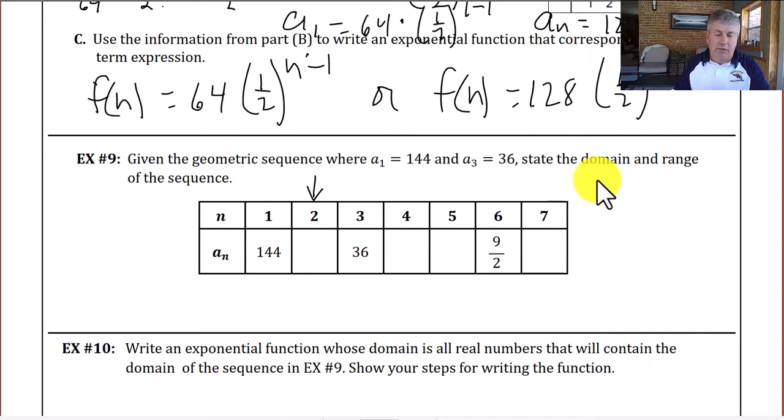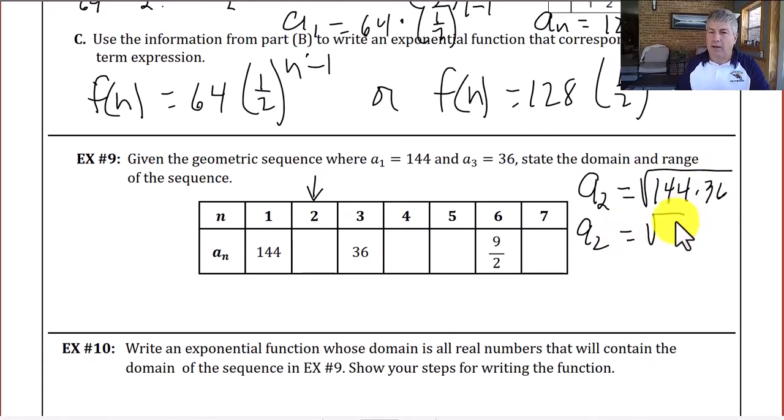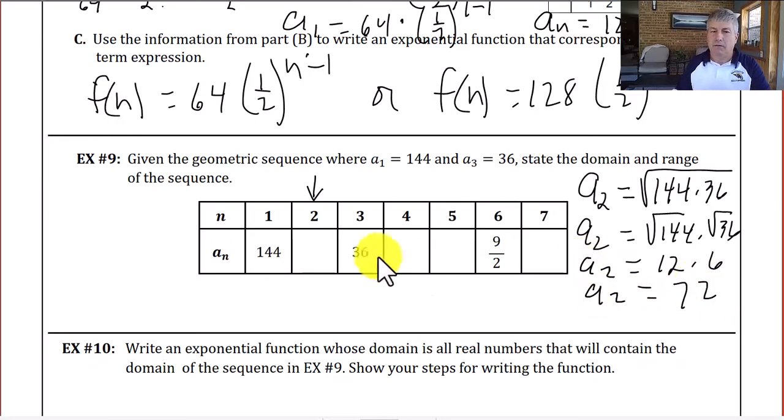So we can figure out a_2 is equal to the square root of 144 times 36. I'm not going to multiply those together. I can separate those. I can do the square root of 144 times the square root of 36, which is equal to 12 times 6, which is 72. So a_2 is equal to 72.